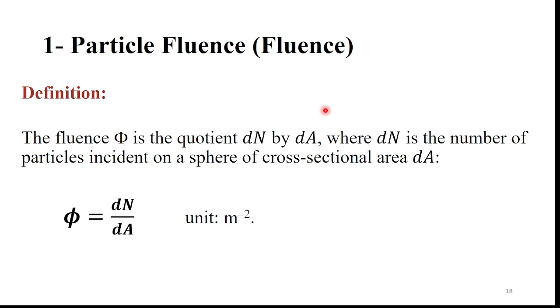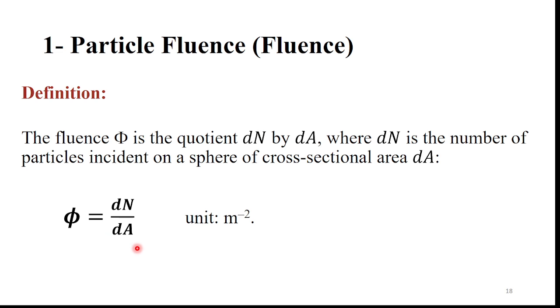Now we can talk about the particle fluence. Sometimes we call this parameter or quantity just fluence, or particle fluence. The ratio between the number of particles and the area is called the fluence. This is simply the definition of this quantity. The fluence is the quotient dn over dA, where dn is the number of particles incident on a sphere of cross-sectional area dA.